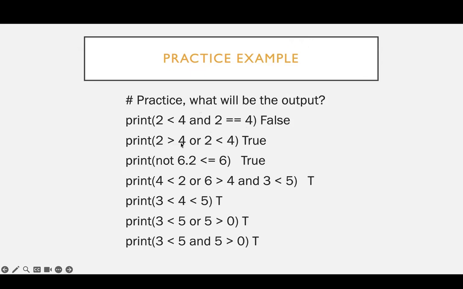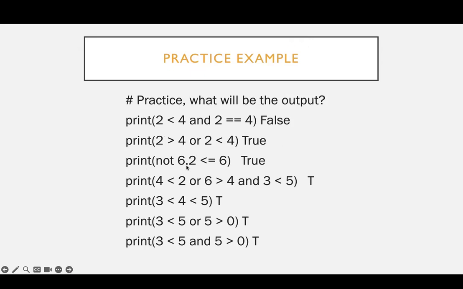Next, 2 greater than 4. When Python evaluates this first condition, it is already false. Because this is an or, we still look at whether the second one is true or false. Even though the first one is false, the second one, 2 is less than 4, is true. So false or true, the result is true.